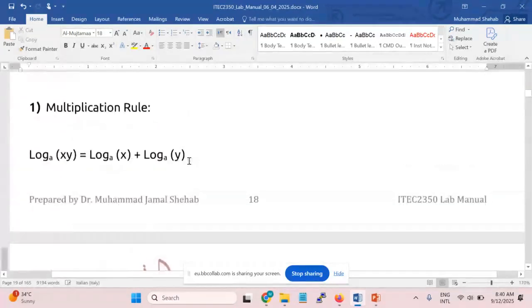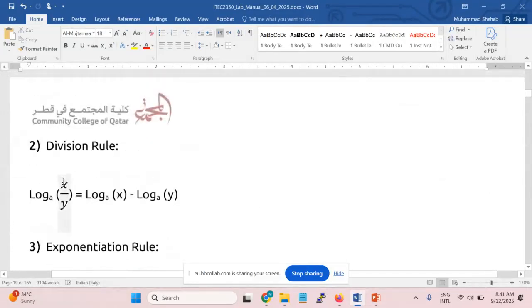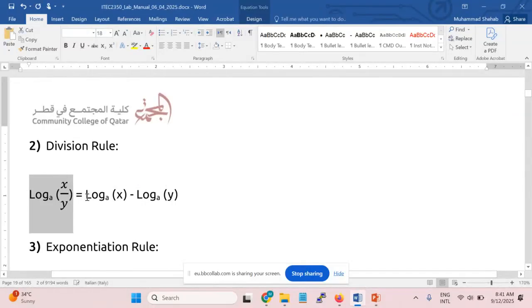So if I have, for example, log 6, I can write it as log 2 times 3, which is log 2 plus log 3. If I have log 6 divided by 2, it is equal to log 6 minus log 2.